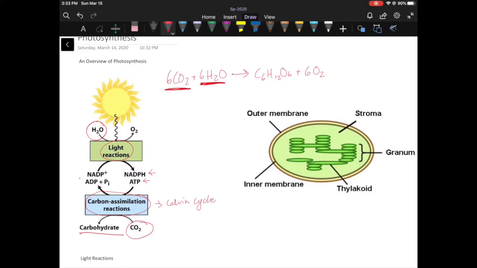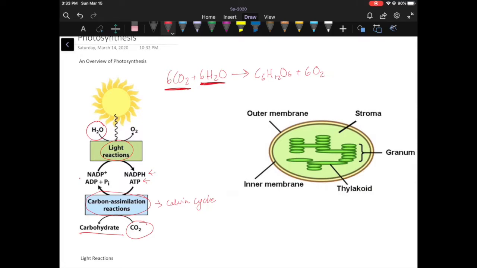So although photons of light are not required in the Calvin cycle, the energy that's produced in the light reactions is needed for the Calvin cycle. And so without the light reactions, the carbon assimilation reactions will not go on for a long period of time.